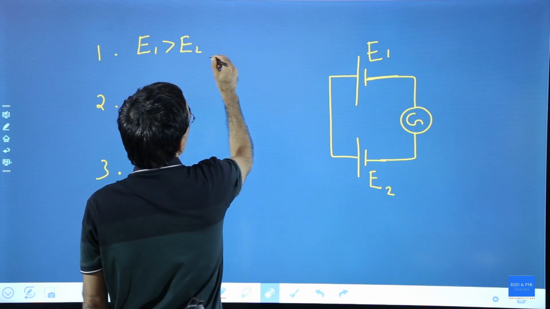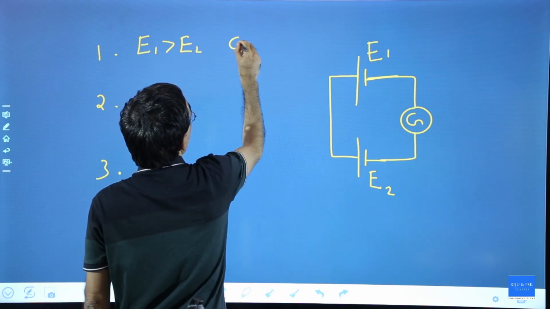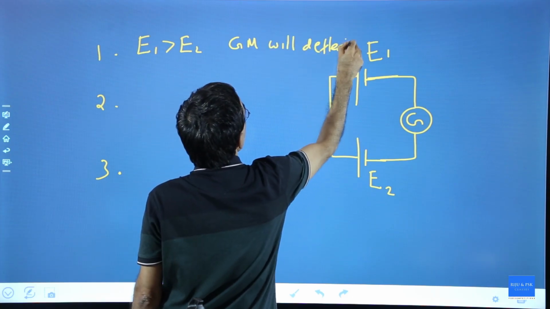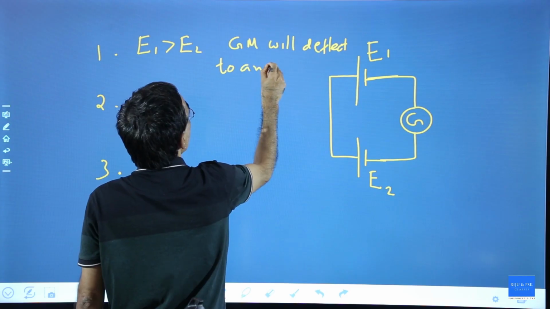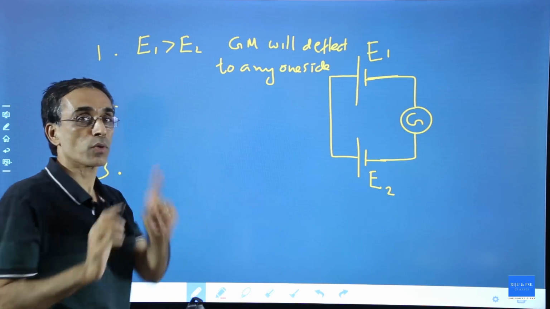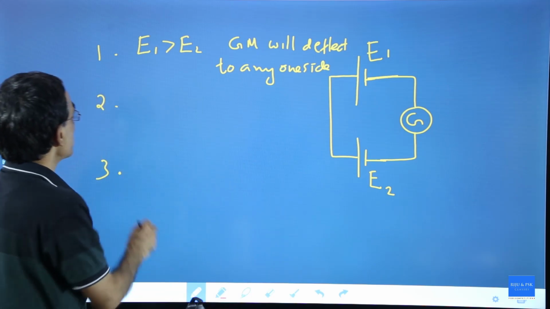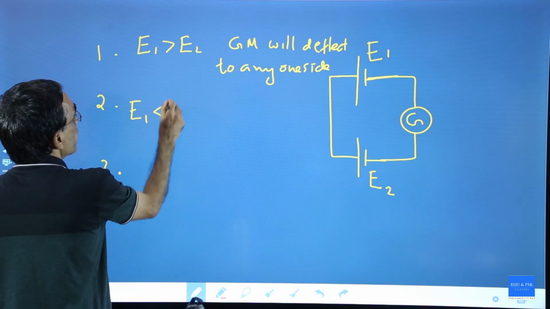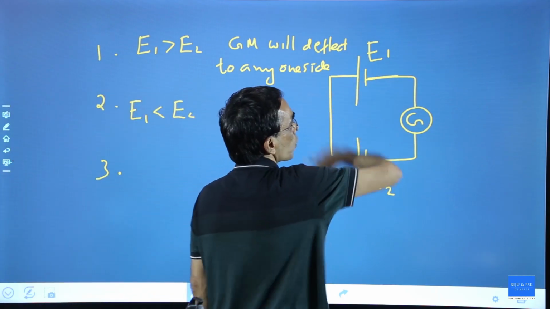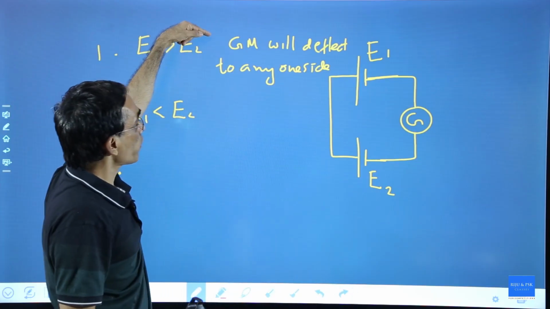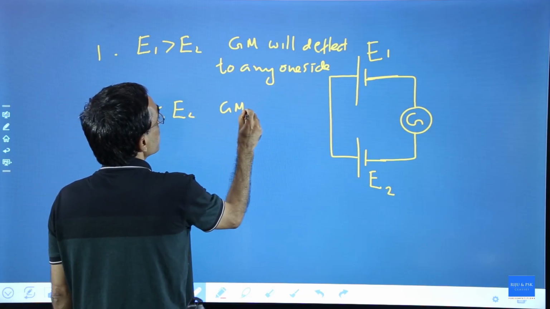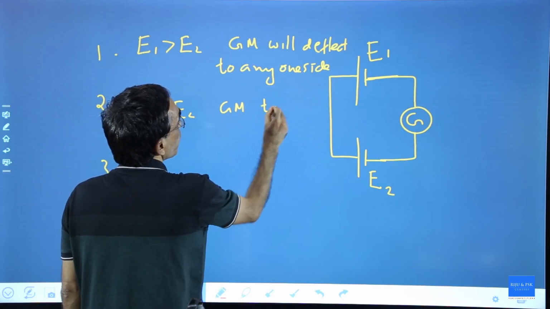So, if E1 is greater than E2, the galvanometer will deflect to one side, depending on the connection, left or right, only one side. Second one, if E1 is less than E2, current will flow in the clockwise direction. For the anti-clockwise direction, the galvanometer shows deflection to one side. Then for this, the galvanometer will deflect in the opposite direction.